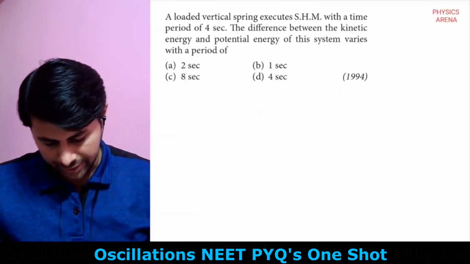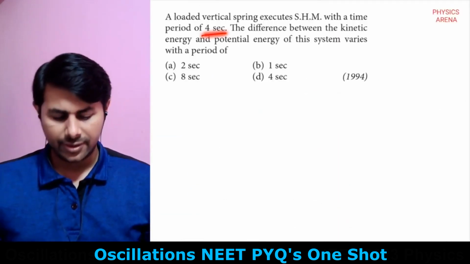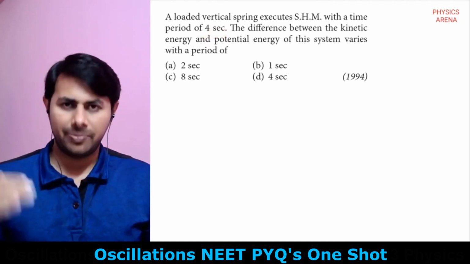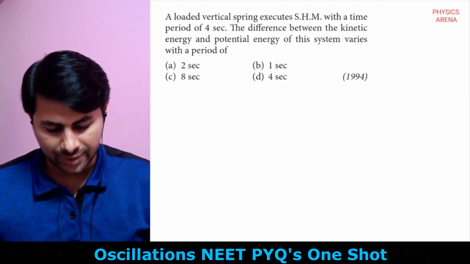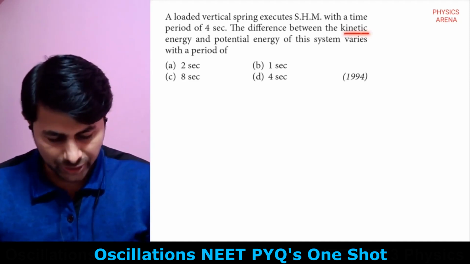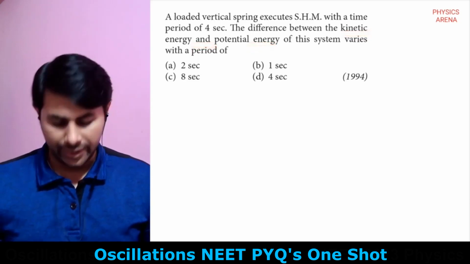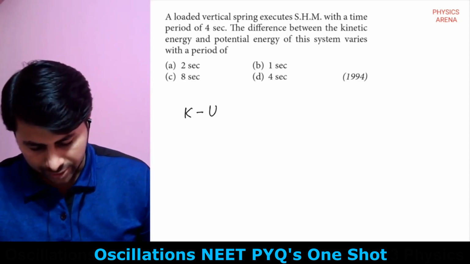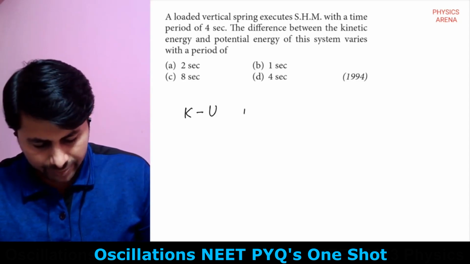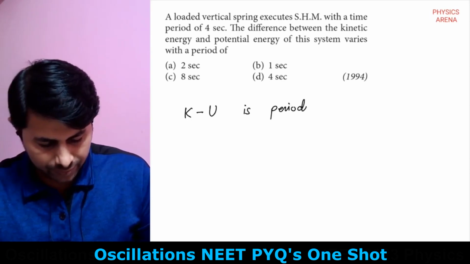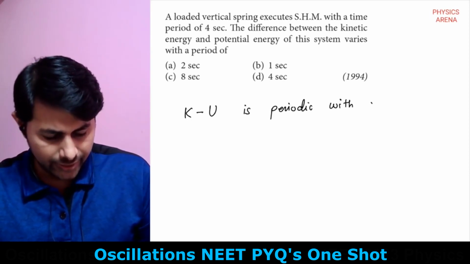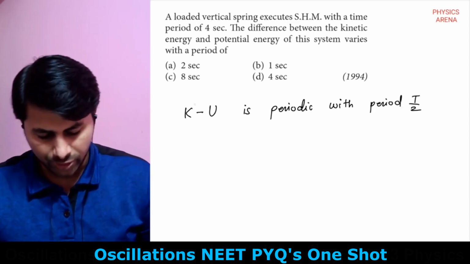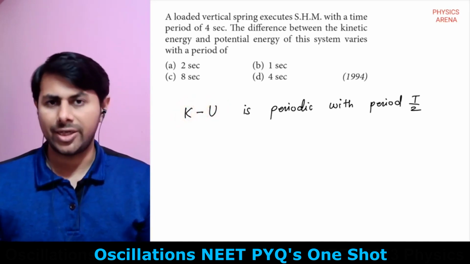That's why here time period of SHM was 4 seconds. So the time period for the difference between kinetic energy and potential energy, this function K minus U, is also a periodic function with period T by 2, because both of these are separately periodic with period T by 2.